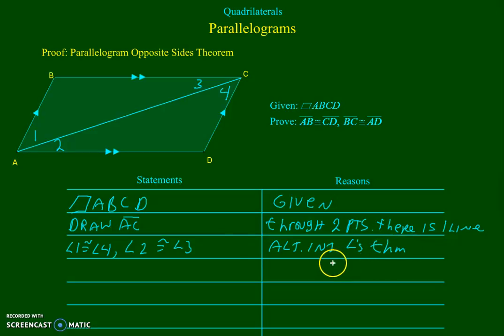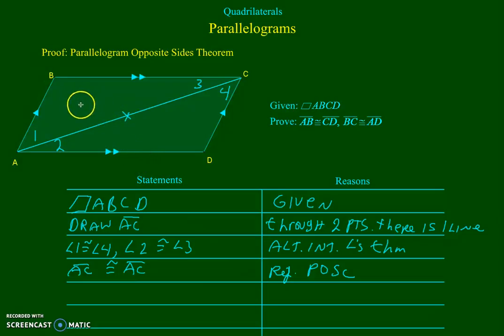Now, because AC is being shared by these two triangles, we can say that AC is congruent to AC. That's the reflexive property of segment congruence. This segment is congruent to itself.